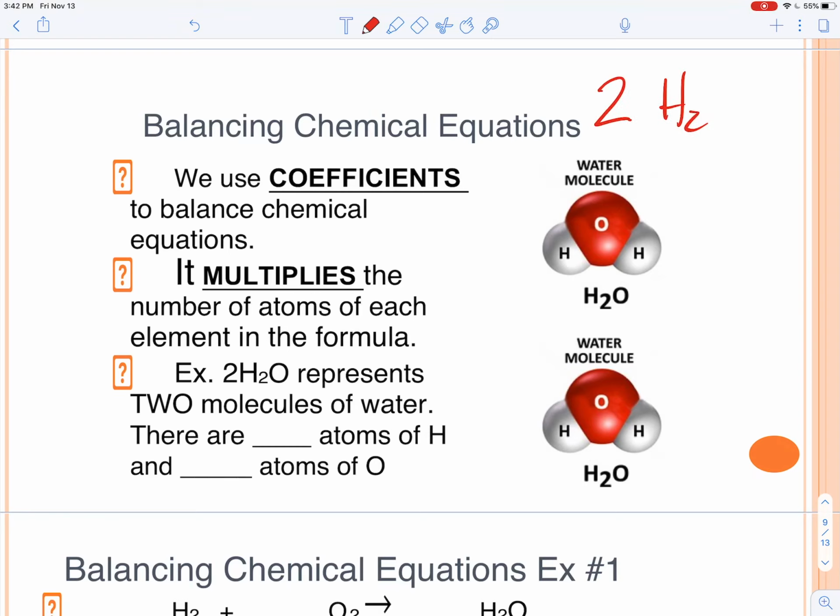So here, if we put a 2 in front of H2O, that's multiplying however many waters we have. So now we've got 2 water molecules. And so in total, in 2 water molecules, there are 4 hydrogens and 2 oxygens, right? I can count them right here.